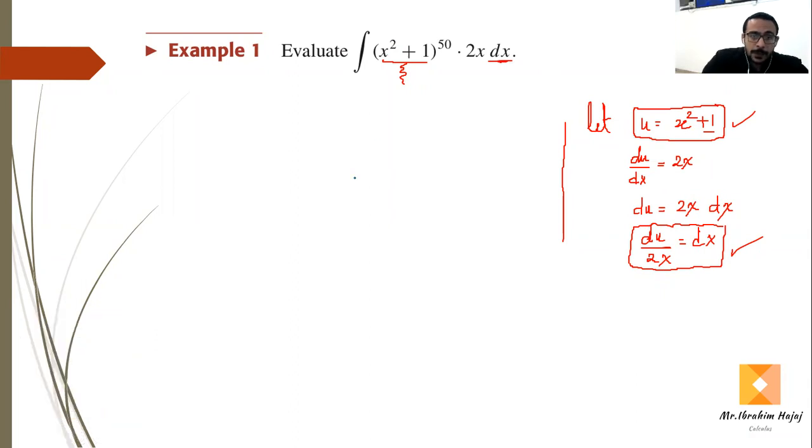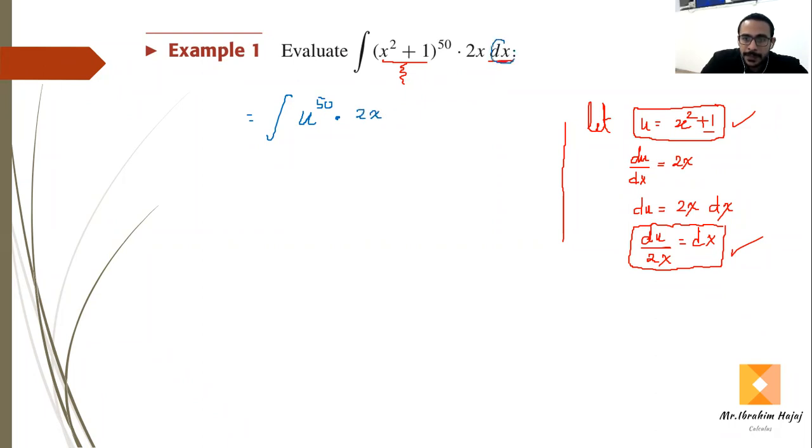Okay. To evaluate here, I will write the integral of, pay attention please, x squared plus 1, all of which will be u, to the power of 50 times 2x, times 2x dx, right here.